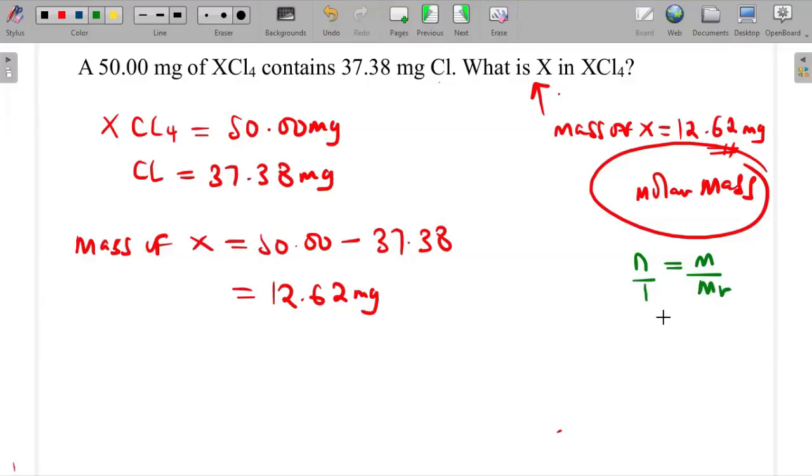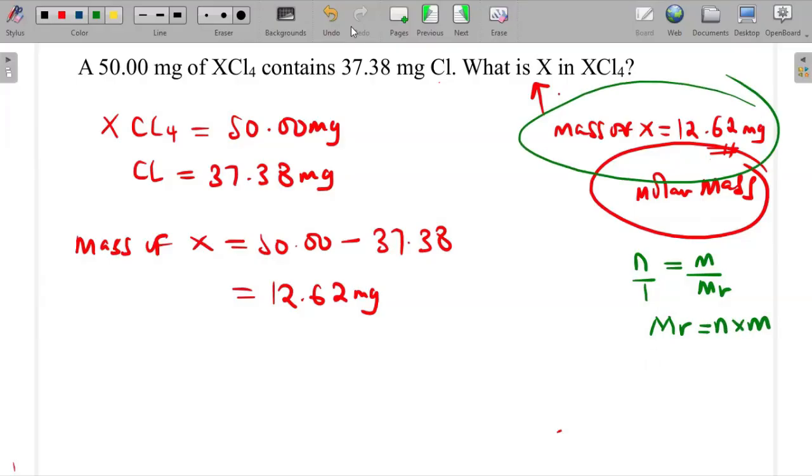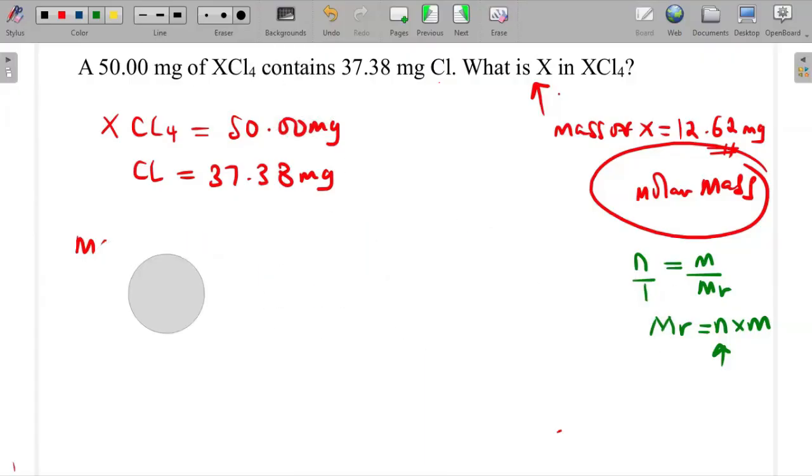If you make the molar mass the subject, molar mass is equal to mass over moles. I already have the mass for this X. I just need to find its moles, and then I divide to get the molar mass. And then depending on the molar mass that I'll have, I'm going to compare with the values on the periodic table.